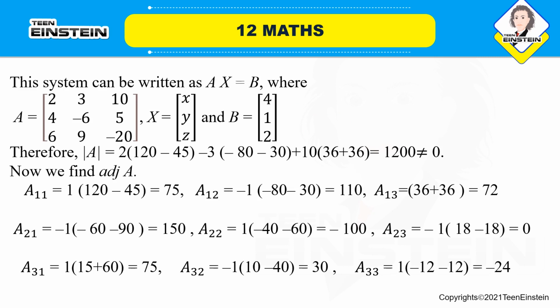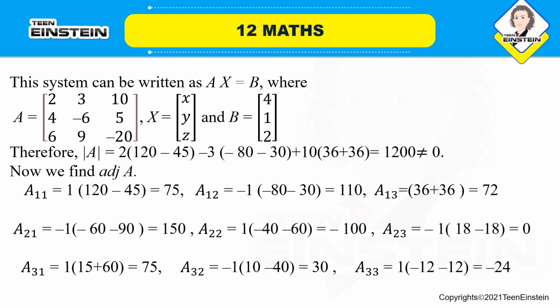Not 20, minus 20, here also minus 6, right? Therefore the coefficient matrix is A equal to 2, 3, 10; 4, minus 6, 5; 6, 9, minus 20. X is the column matrix x, y, z, and B is the right hand side values 4, 1, 2.